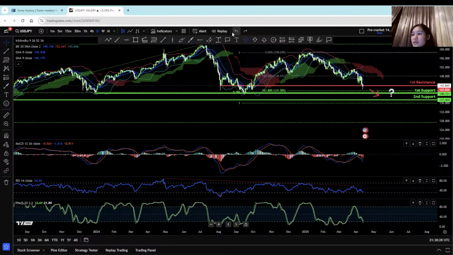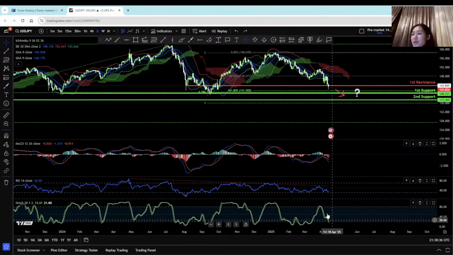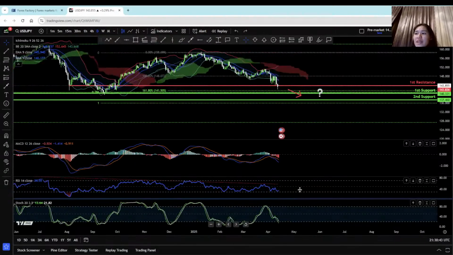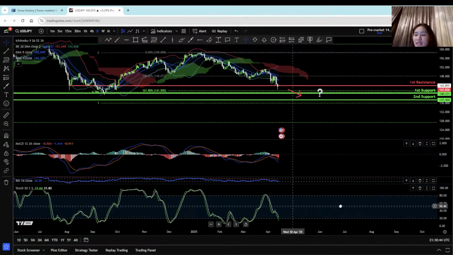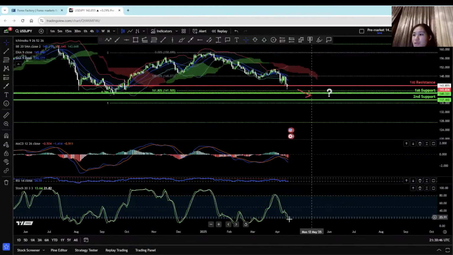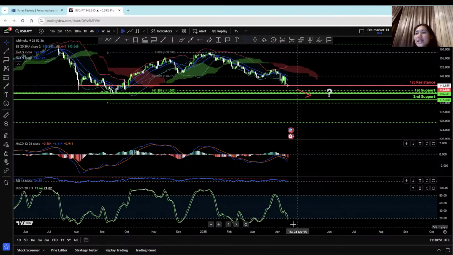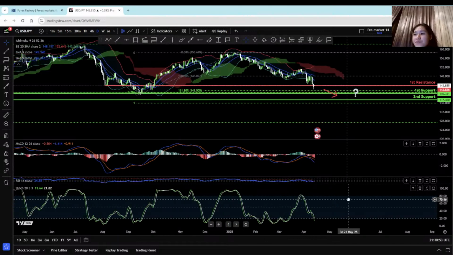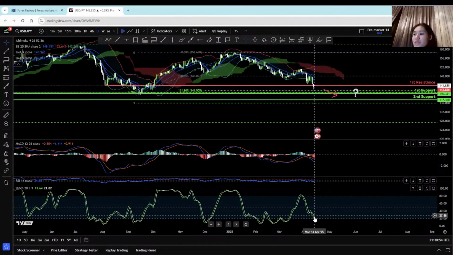But you can definitely see that the stochastic indicator is moving downwards. It's moving into the oversold regions, but it's not quite in the oversold regions yet. Okay, so we can still expect prices to continue pushing downwards a little bit more.